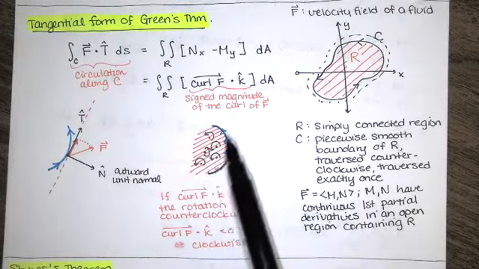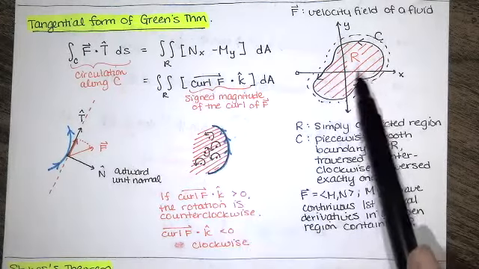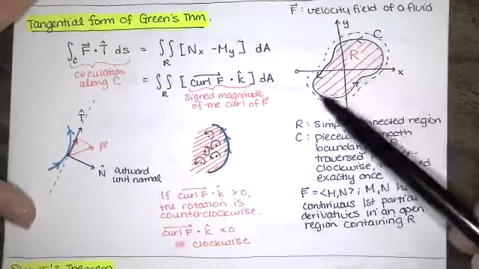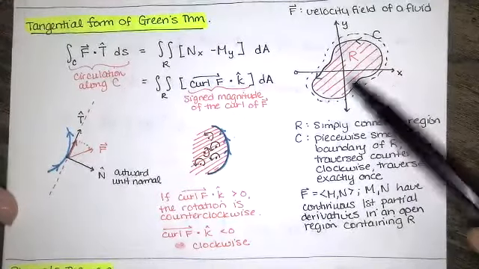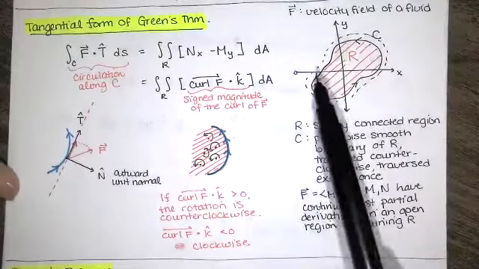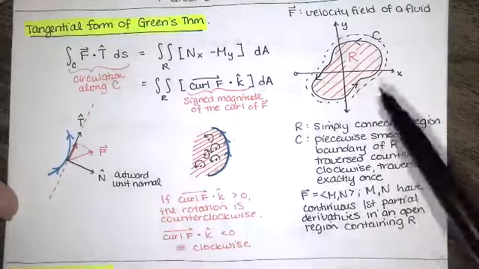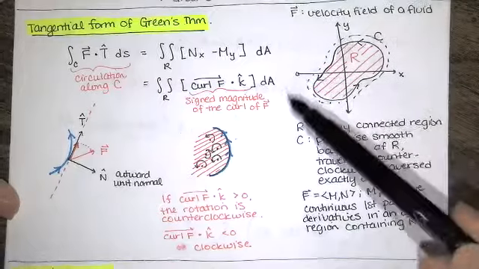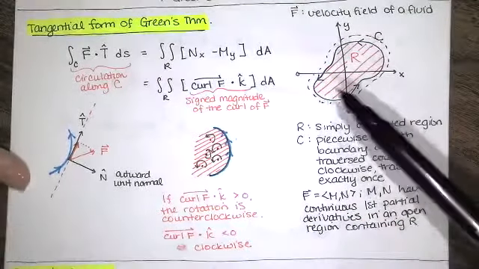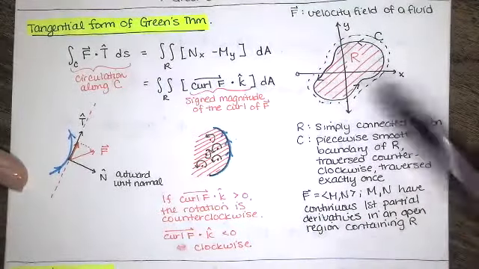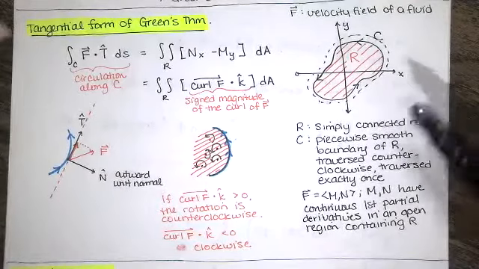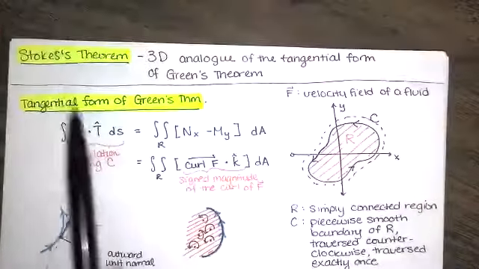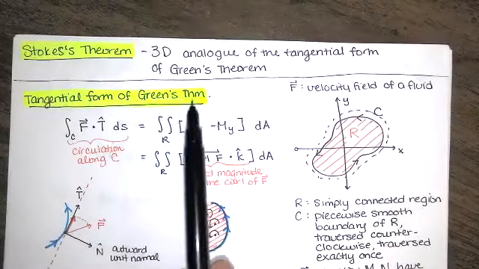Take all of those and add those up. Well, if I take that tendency to rotate at every single point here in the region R, it turns out that that's exactly the same result we would get if we looked at that tendency to rotate around the outside, or that circulation of our field around C, or along C in the counterclockwise direction. Okay, so that's the tangential form of Green's theorem.